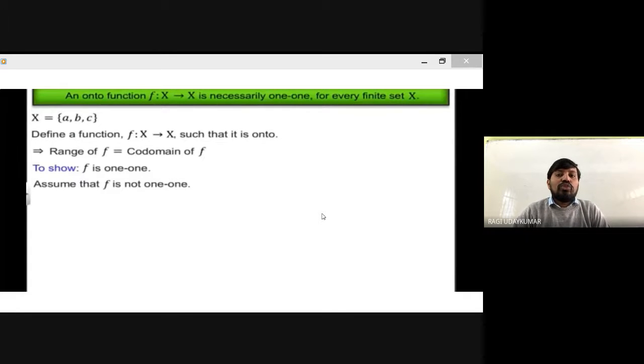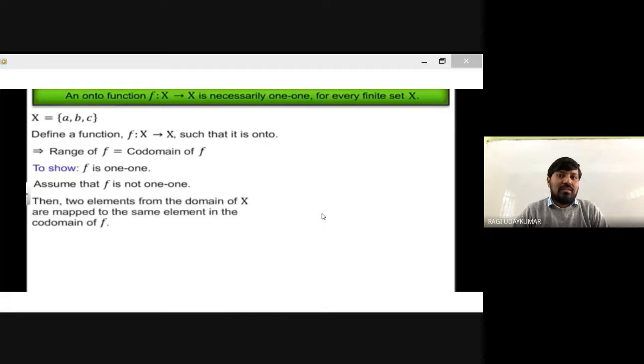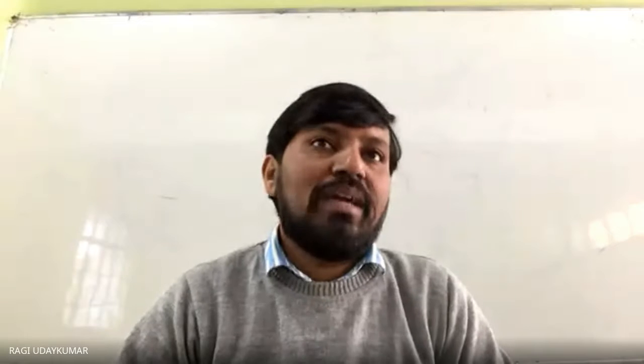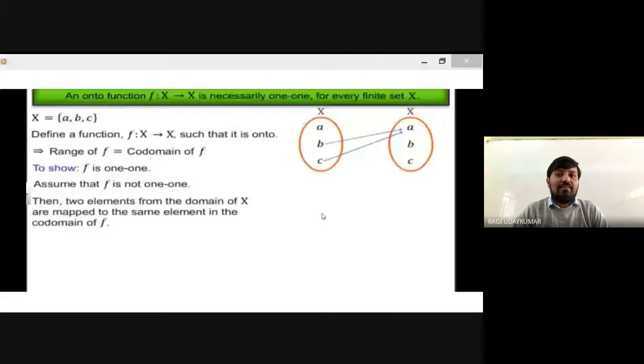To show it is 1-1, we have to assume that f is not 1-1. Then two elements of the domain of X are mapped to the same element in the codomain. If it is not 1-1, two elements of the domain are mapped to the same single element in the codomain of f.